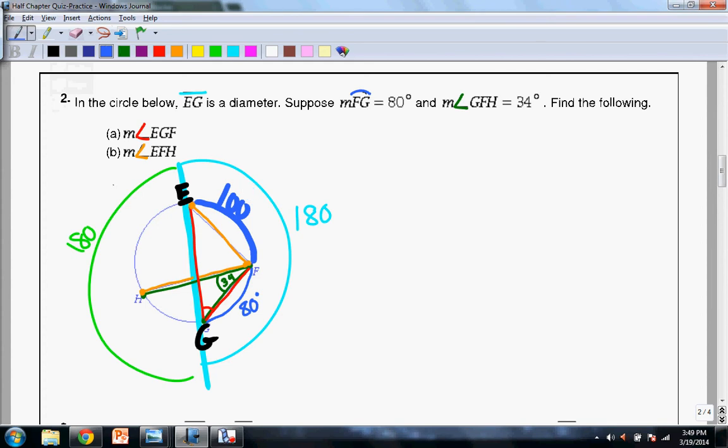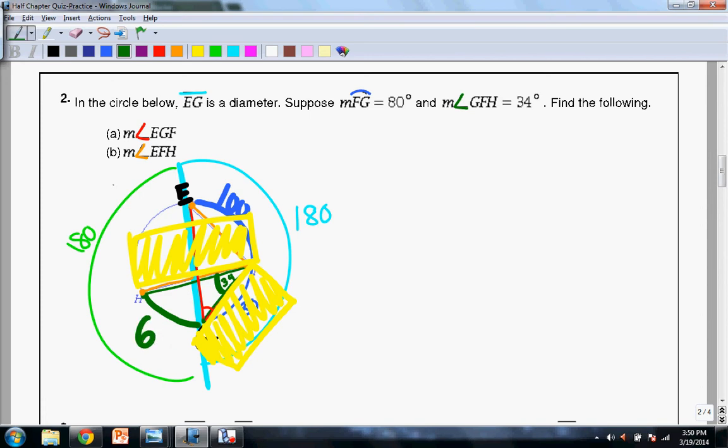And then another thing you can find, if you have Post-its, you can frame this 34. You know that's an inscribed angle. Inscribed angle's half the arc, so if you have the angle, you just double it, and so this gets you 68.